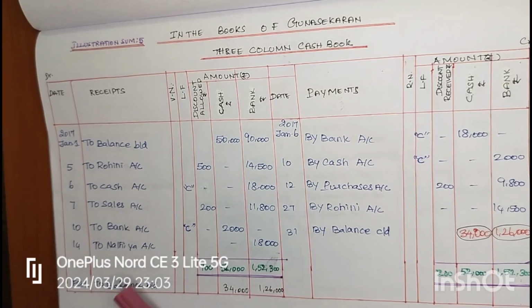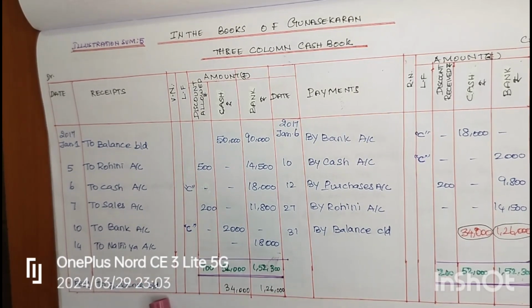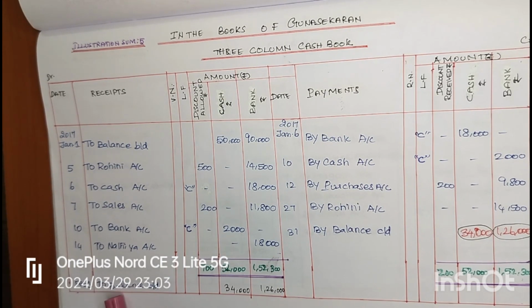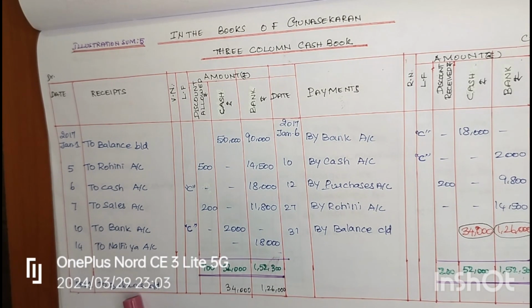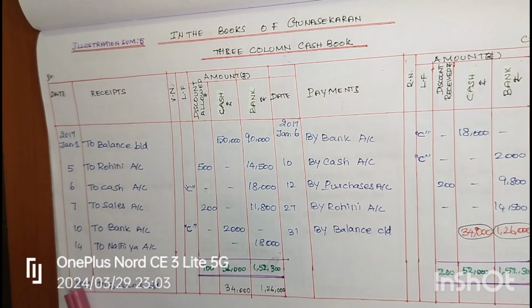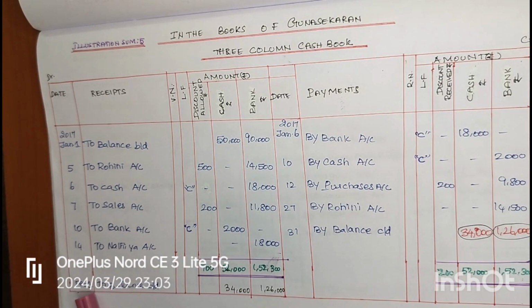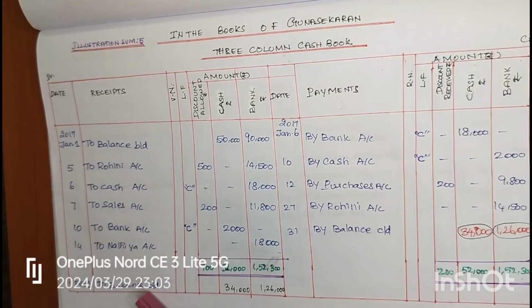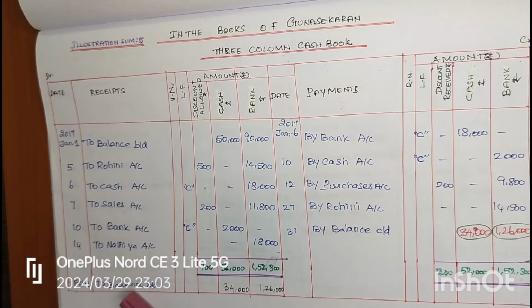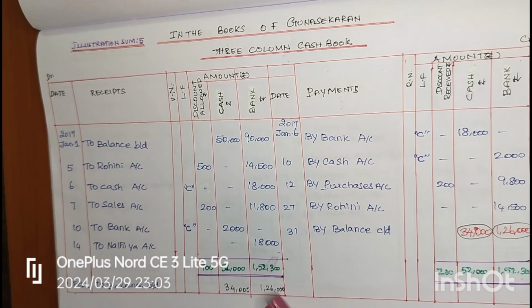So then the balance brought down is to be entered in the particular column, that means the receipt column against the differences, and in the date column the first day of the next accounting period is entered. February 1 is the first day of the next accounting period. Balance brought down means the opening balance of the cash amount and the bank balance.